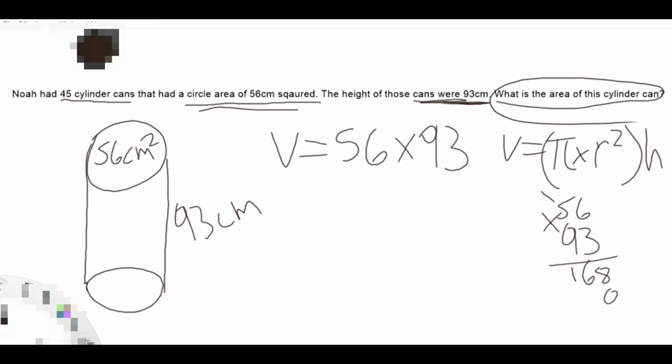Add a 0. 6 times 9 is 54. 5 times 9 is 45, plus 5 is 50. So 8, 10, 1 goes up, 5.